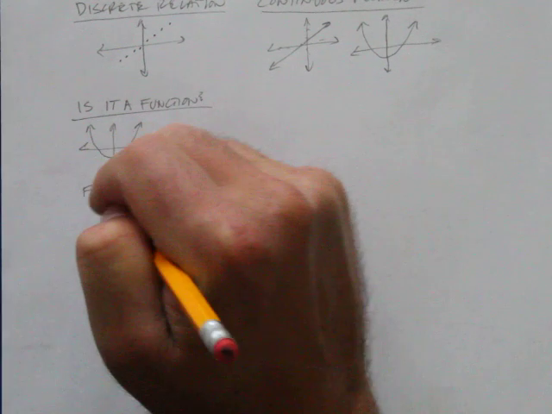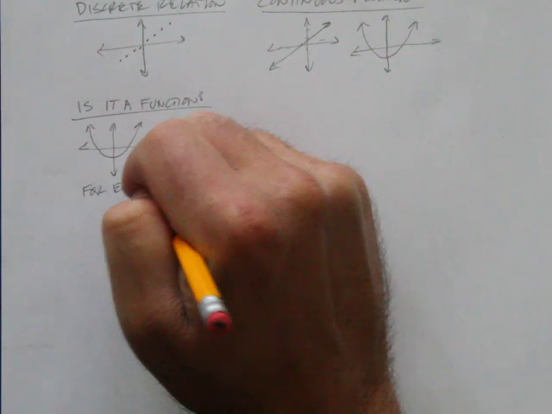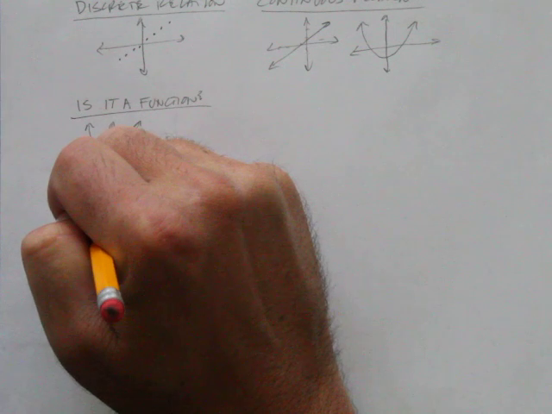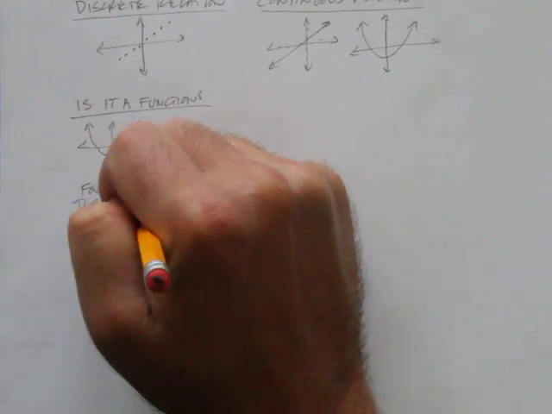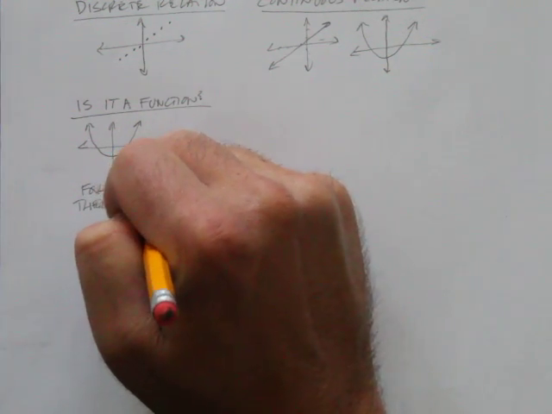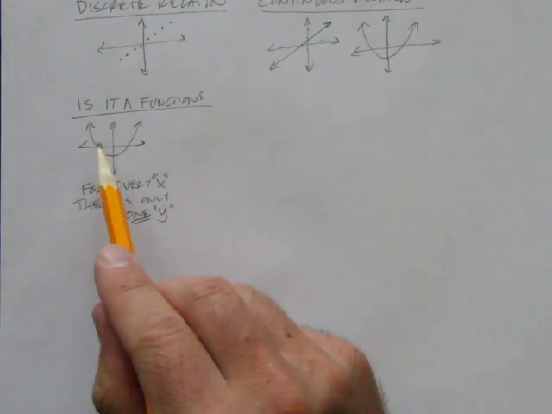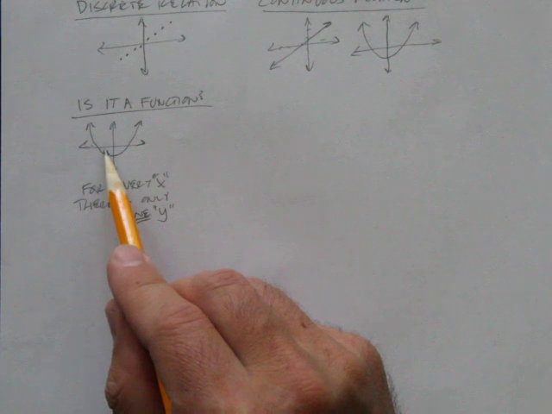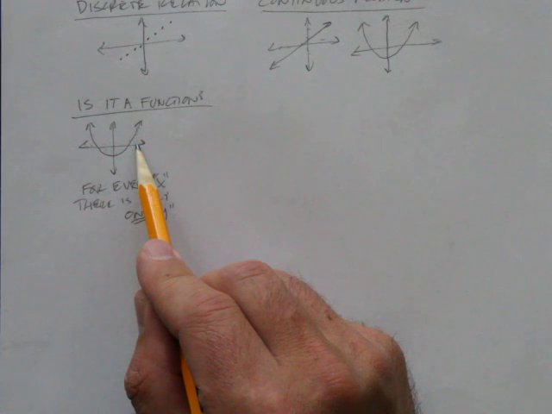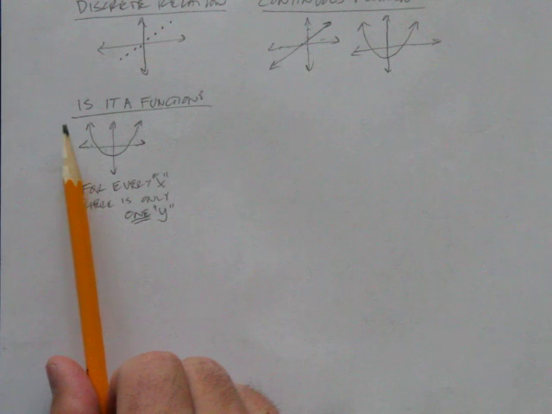So for every x, there is only one y. And so if I look along here and I find all my x values, there's only one corresponding y for each x value.